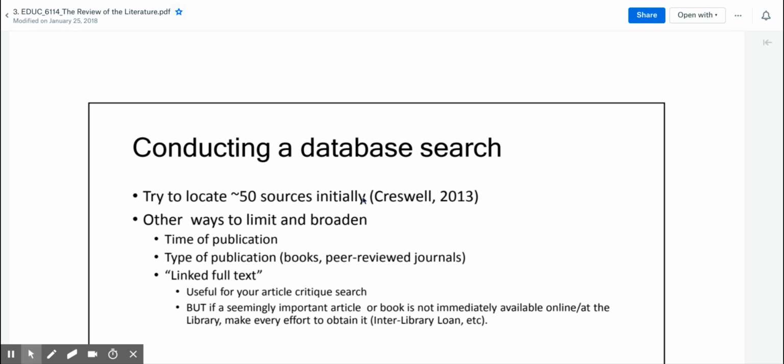That was a sort of informal guideline. You needed to review at least 100 journal articles to claim your literature review as a doctoral dissertation.